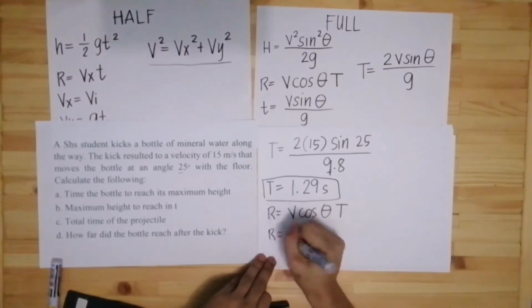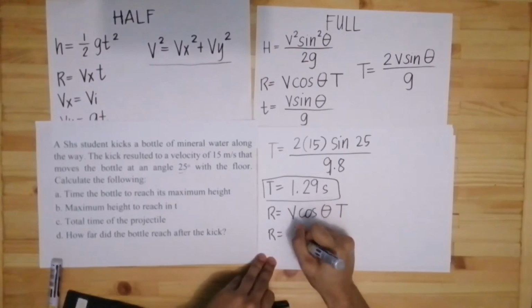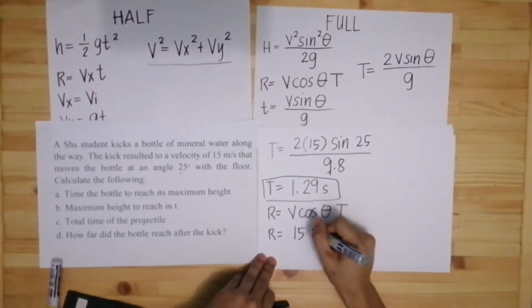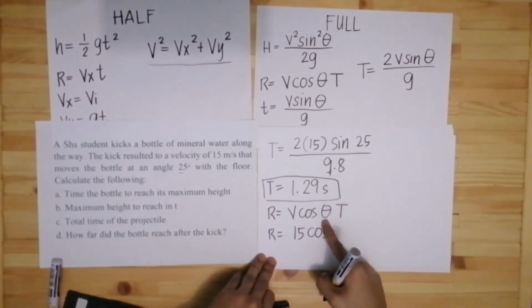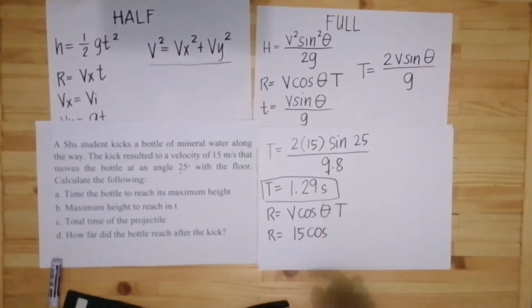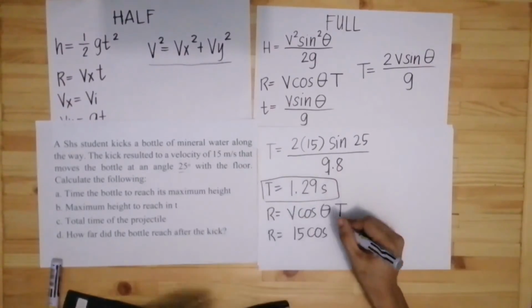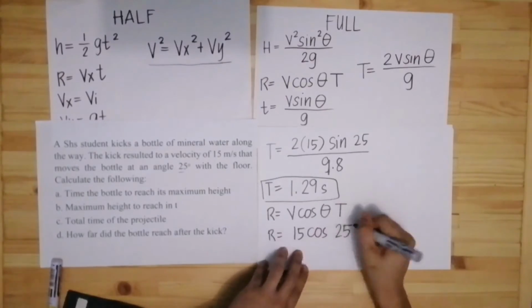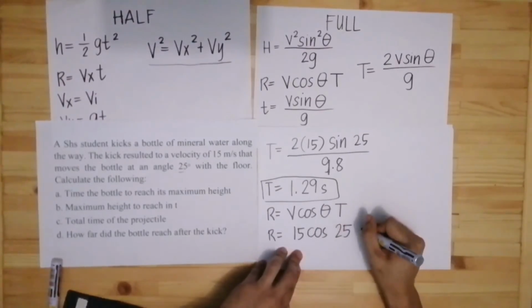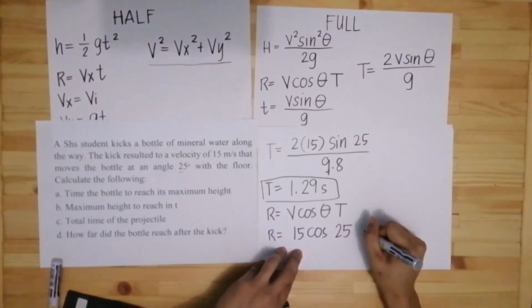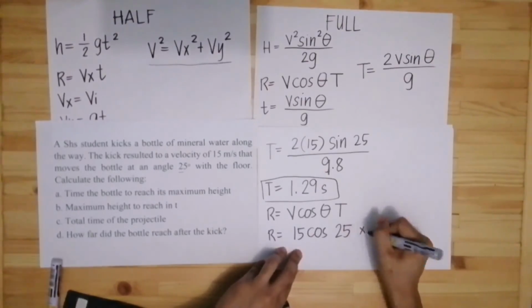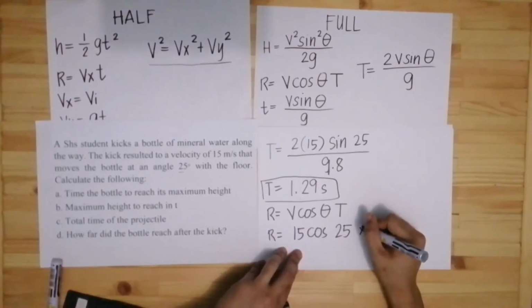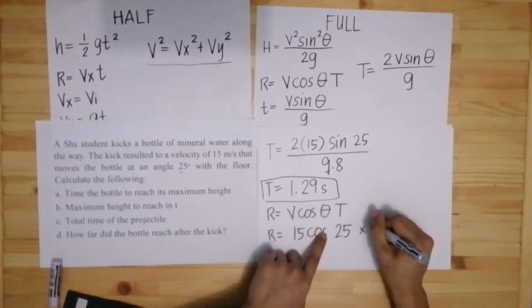So, R, substitute lang tayo. V is 15 again. Cosine, yung theta natin ay given angle natin 25 degrees. Then the total time, yung kanya ito 1.29.